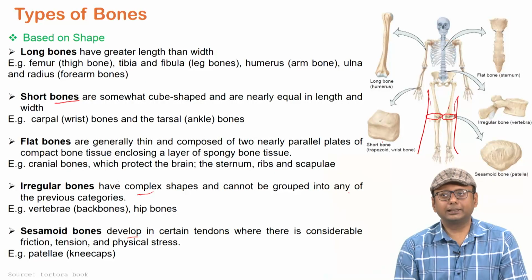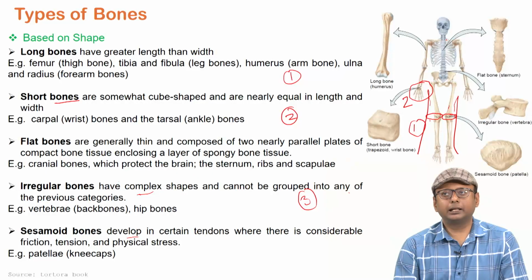In the knee area, you can see sesamoid bones too. So, in the leg you can see a lot of long bones, in the wrist area you can see short bones, and a lot of irregular bones in the spinal column area.